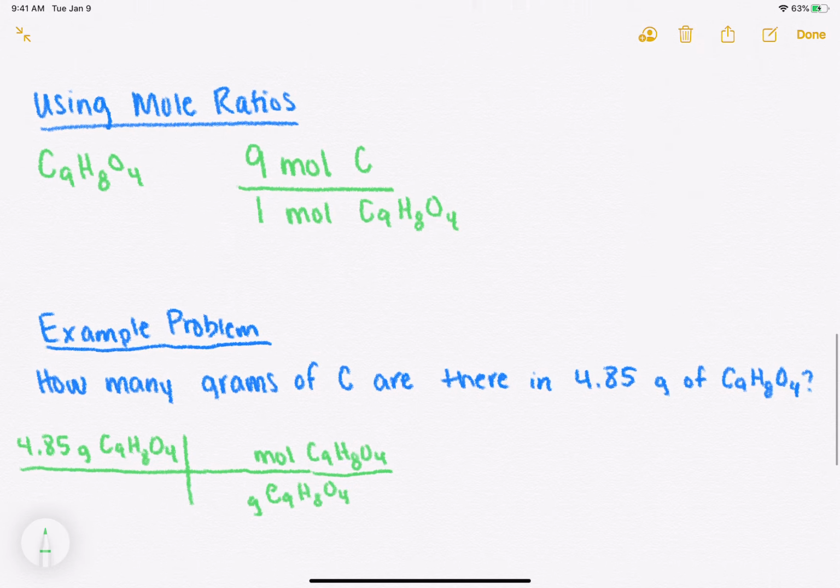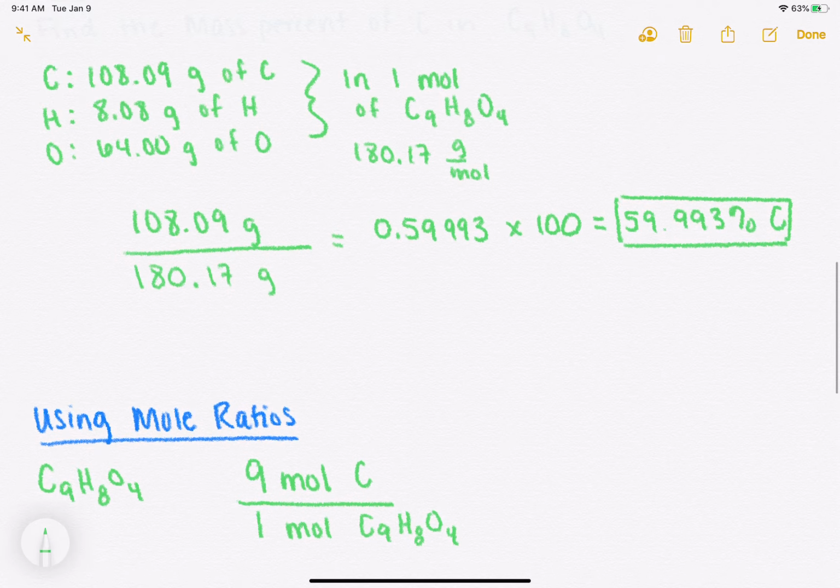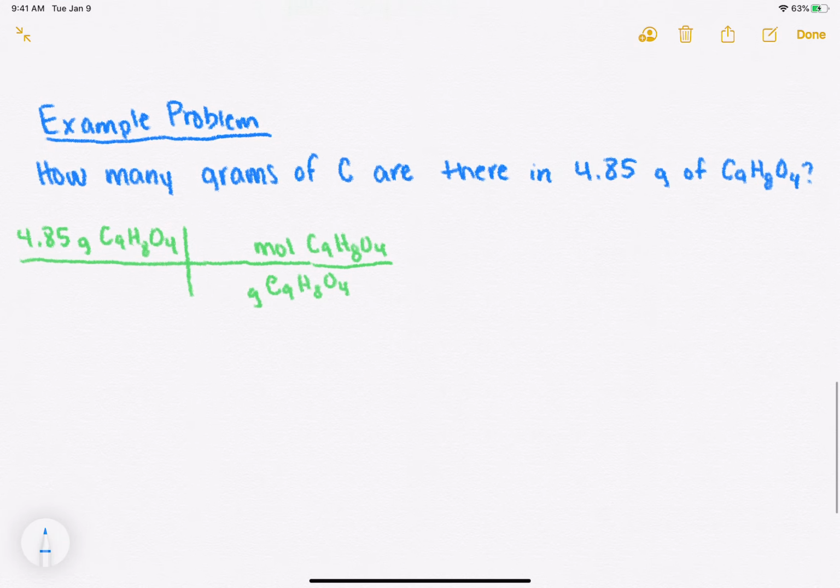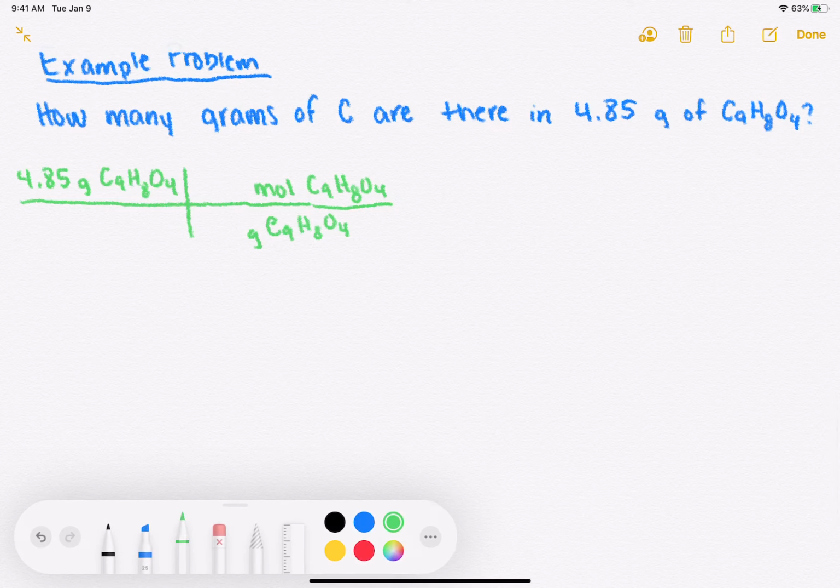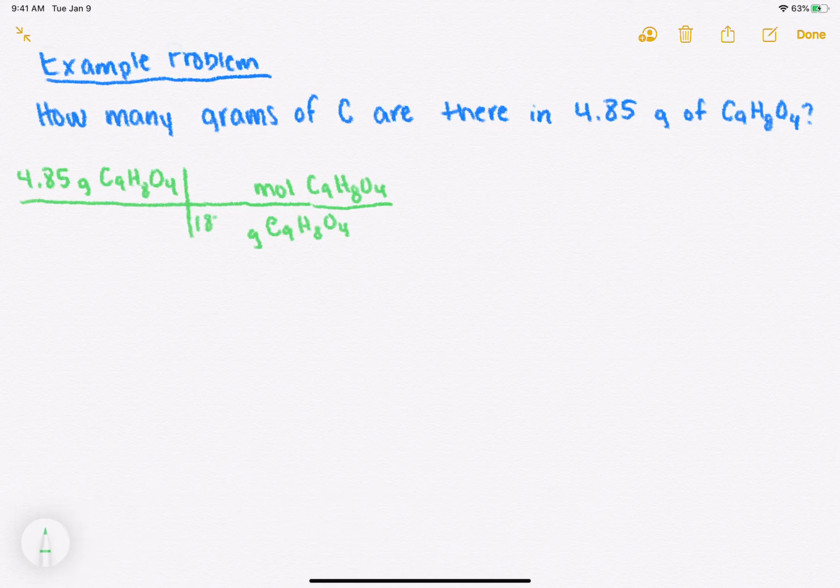So remember from this previous problem, our molar mass is 180.17 grams per mole. That's for the entire molecule. 180.17 grams of C9H8O4 for every 1 mole of C9H8O4.